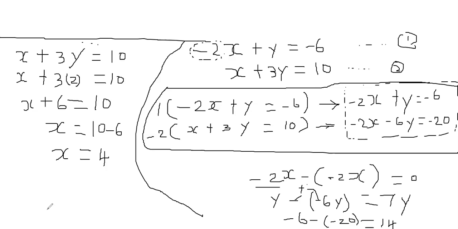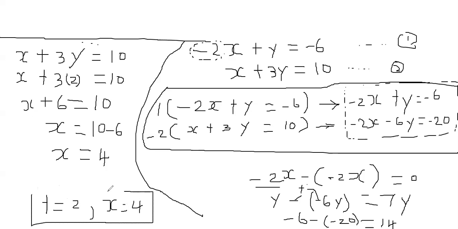So we found y as equal to 2 and x equal to 4. You can actually check to see if your answer is correct. So we have the two values, checking to see if it's correct. We can plug them into the equations, and if it agrees, it means that it's correct. So let's check the first one.